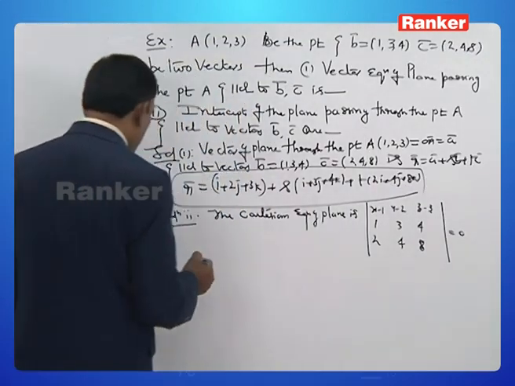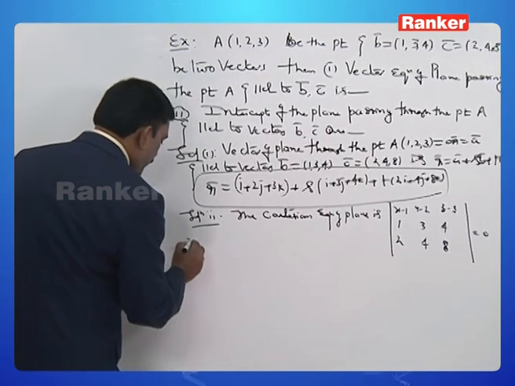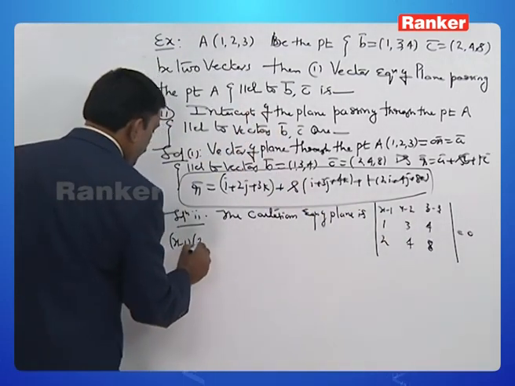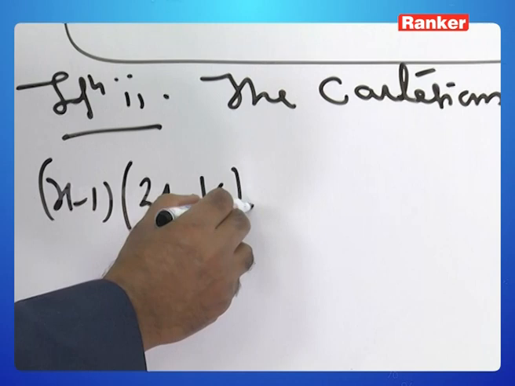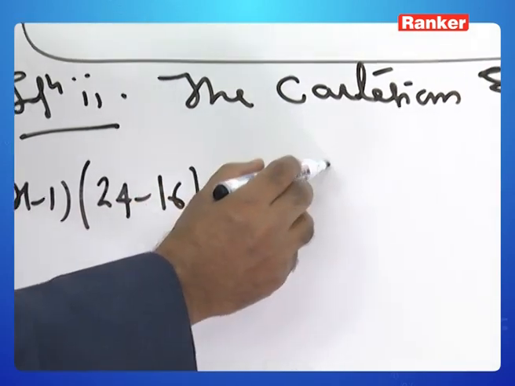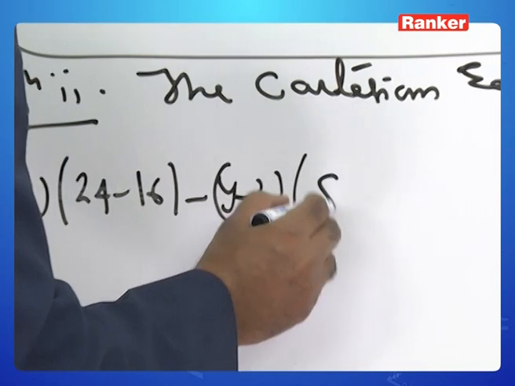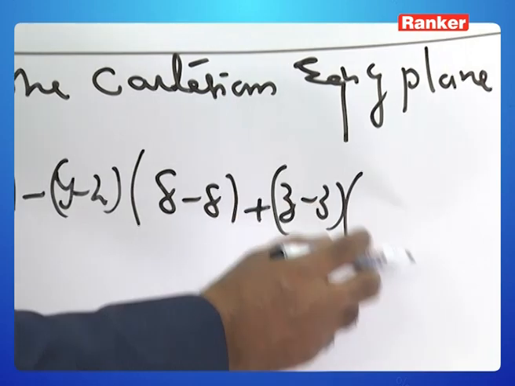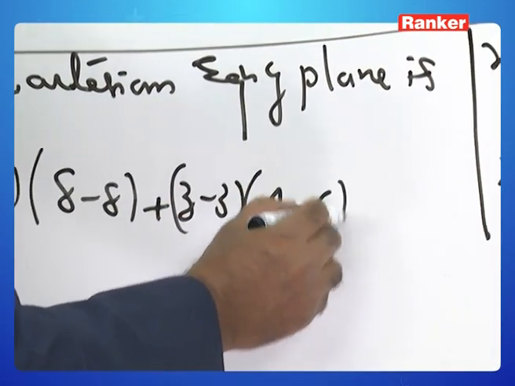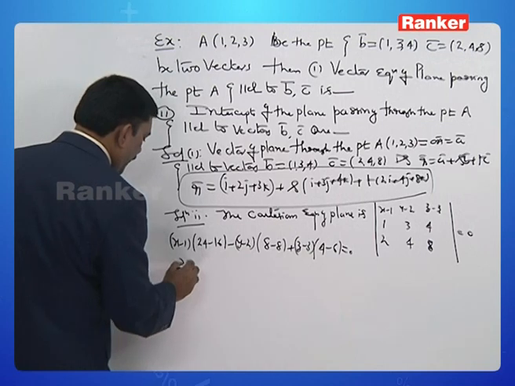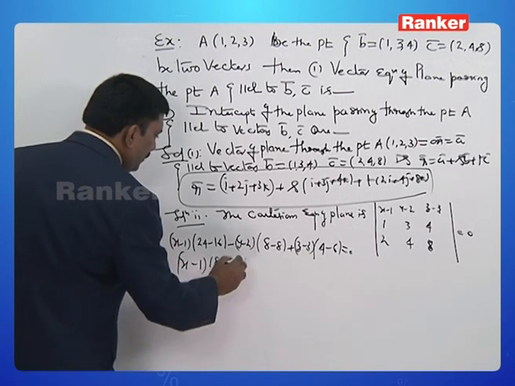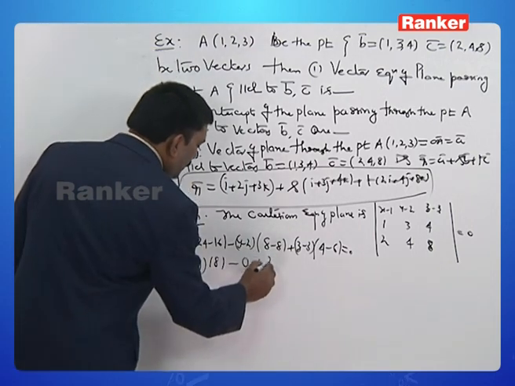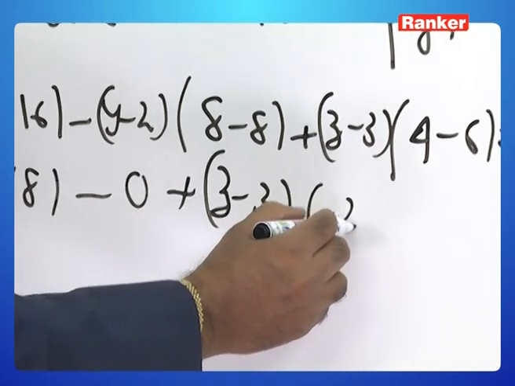Now you expand. So I can write this as x minus 1 into (24 minus 16), minus (y minus 2) into (8 minus 8), plus (z minus 3) into (4 minus 6) is equal to 0. So therefore (x minus 1) into 8 minus 0, plus (z minus 3) into minus 2.